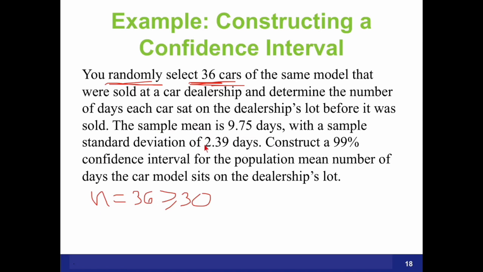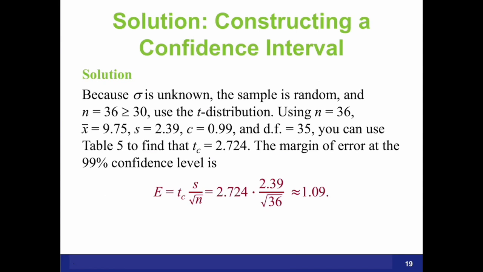This is going to be the estimation for the population standard deviation. We would like to construct a 99% confidence interval for the population mean number of days the car model sits on the dealership lot. Solution.